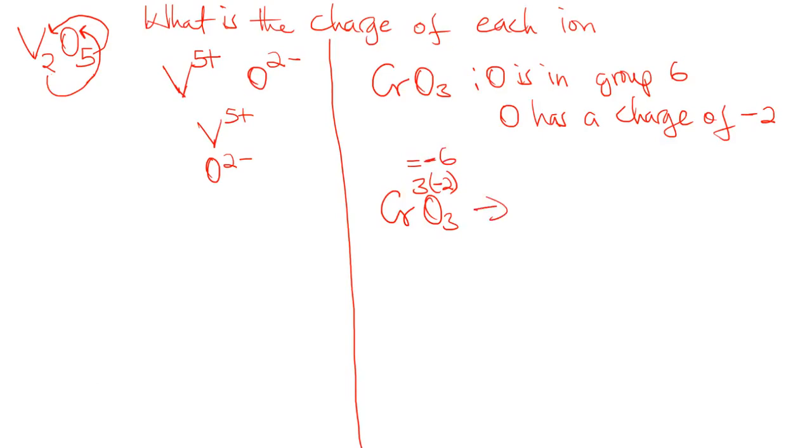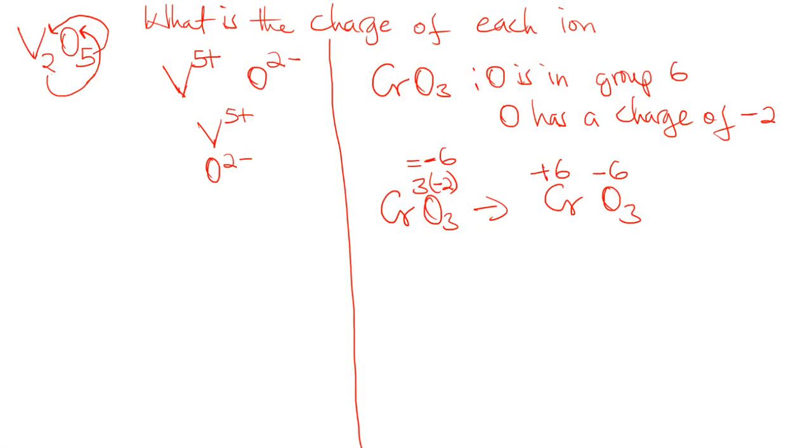So you are going to have Cr(O3) -6 here. So if you have -6 on top of oxygen, it means you have +6 on top of Cr.